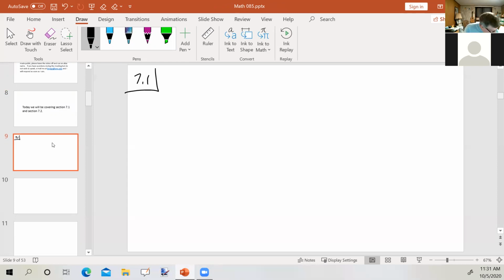Okay, let's say we have the expression 3x minus 2 divided by x minus 2. And we are to evaluate this expression for x equals 6.